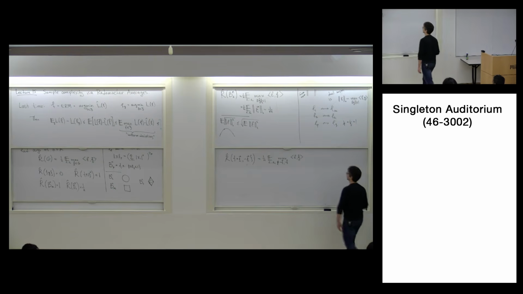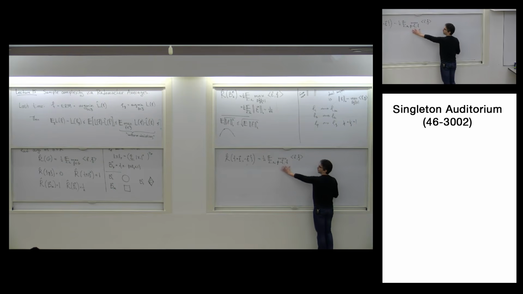That's correct. So which one are you going to pick? This is just the sum of epsilons, or minus the sum of epsilons. So you're going to pick the one that's bigger. But the maximum of the sum and minus the sum is the same as the absolute value, right?